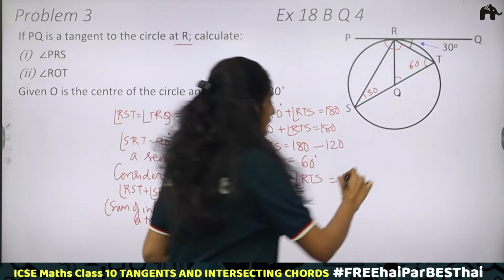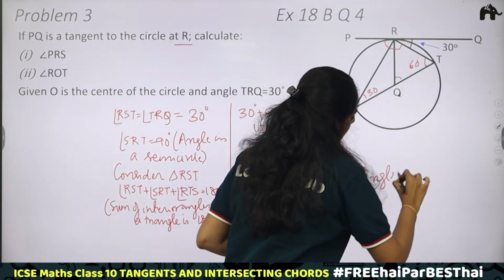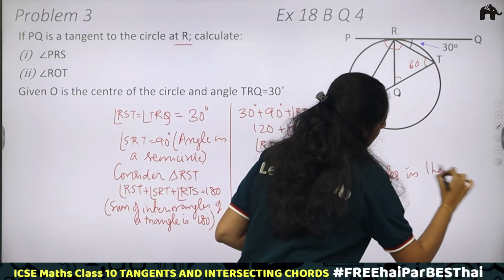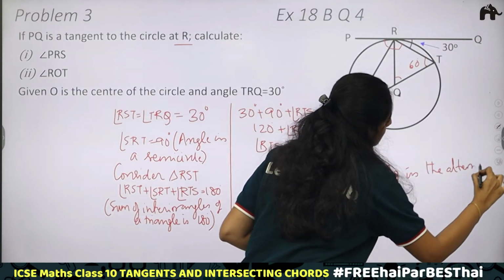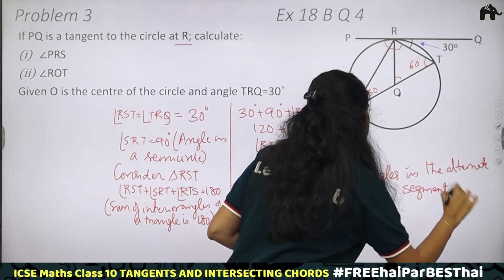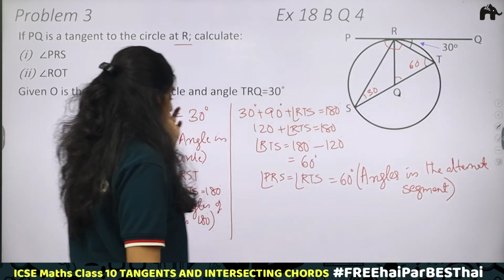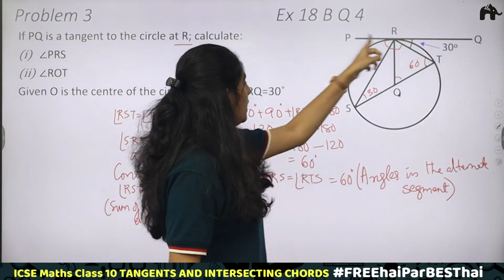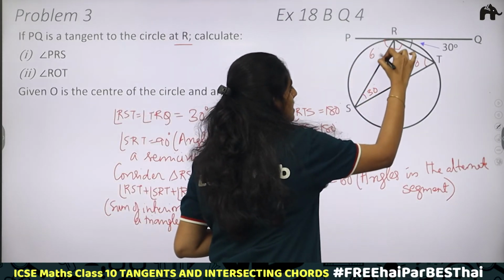What is the reason? Angles in the alternate segment. Okay, so we got PRS. This angle is 60 degree.